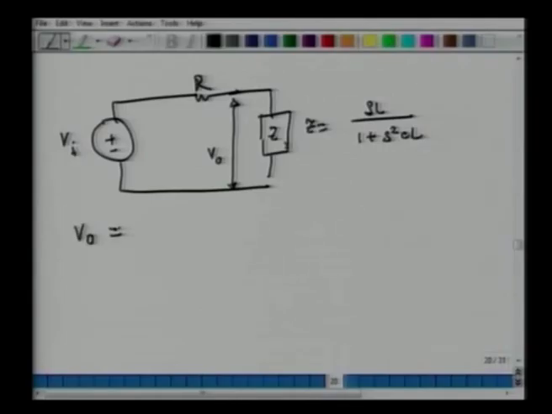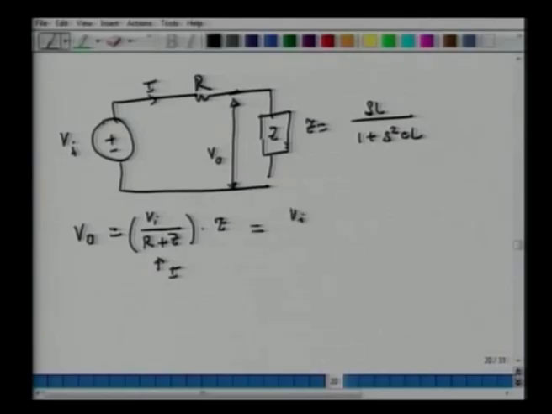So now we can calculate V naught. What is V naught? If my complex current is I, then it is basically Vi over R plus Z. That is my complex current I, and then I multiply that by Z. That will be the complex voltage across Z. So I do the math.